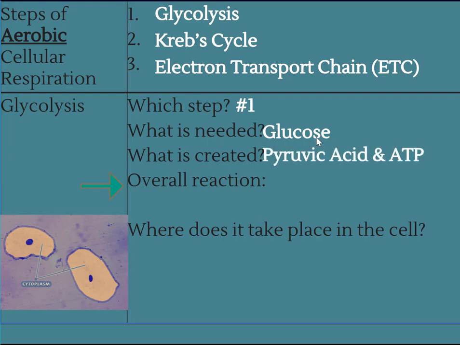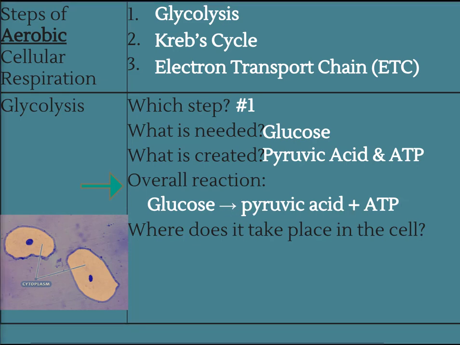And we are going to create 2 things, pyruvic acid and ATP, or pyruvic acid and energy. So if we put this in an overall reaction, we have glucose, the arrow, which represents our chemical reaction, pyruvic acid, and ATP.